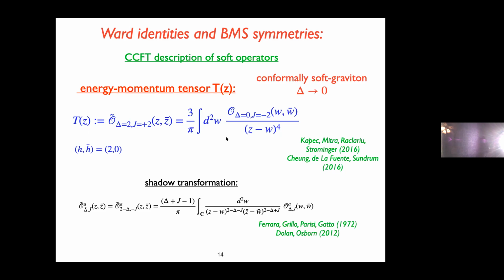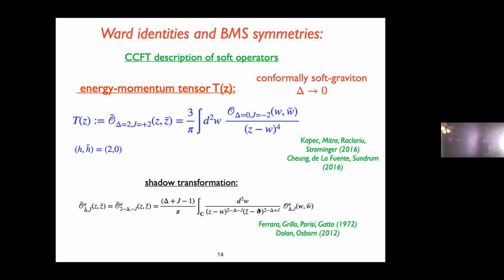It turns out that in a CFT, there's a transformation called the shadow transform, which allows you to take operators with dimension delta and spin j to operators with dimension 2 minus delta, and the spin is flipped. And this resonates very nicely. This shadow transform has been used in partial wave expansion of conformal field theory amplitudes in general, not just in 2 dimensions.